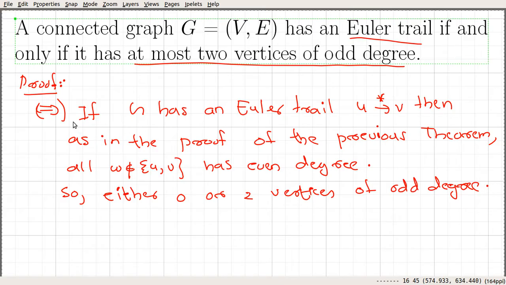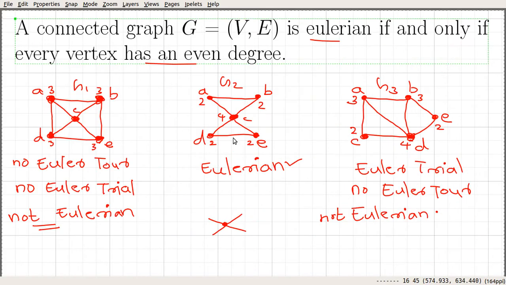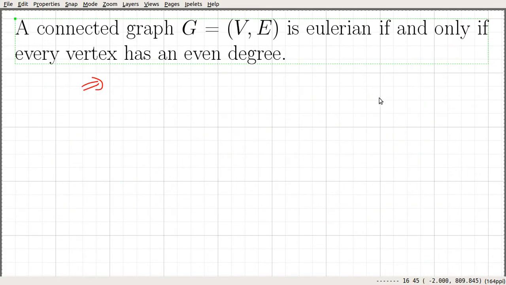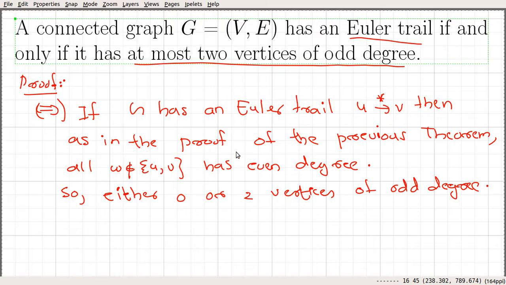So this direction is somewhat simple. If G has an Euler trail that goes from U to V of any length, then as in the proof of the previous theorem, that a graph is Eulerian if and only if it has all even degrees, which we proved in the previous video, all vertices other than U and V have even degree.